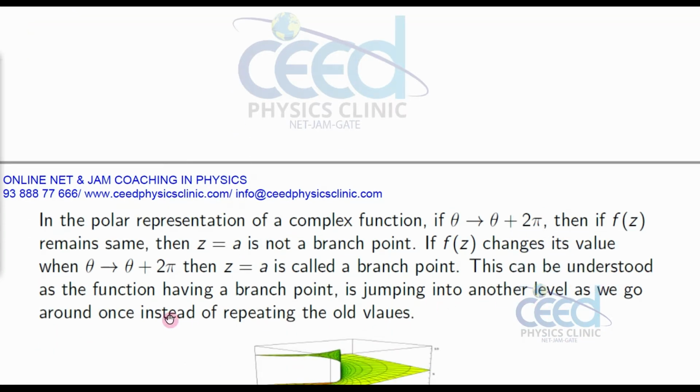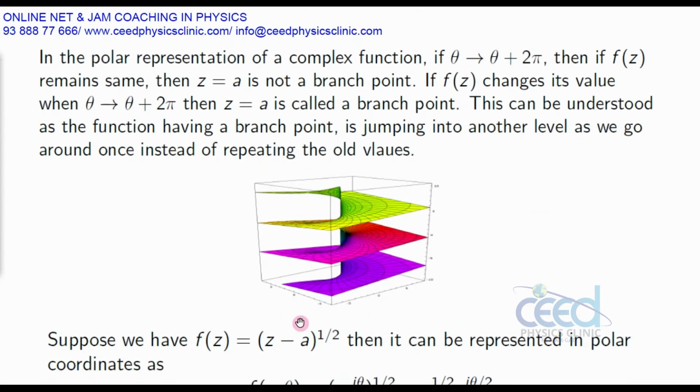This can be understood as the function having a branch point: it jumps into another level as we go around once instead of repeating the old values. See, here if you give theta tends to theta plus 2 pi, this will jump to another level. Okay, so this is the representation of a branch point.